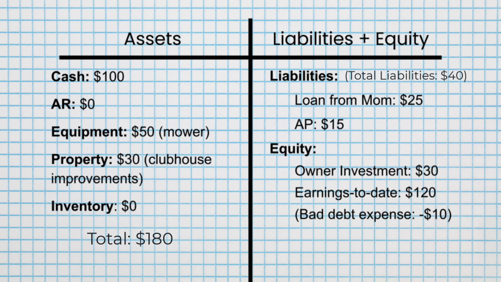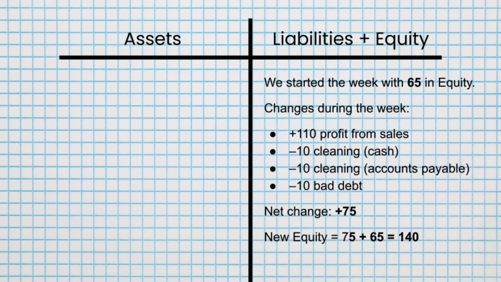With equity, we started the week with $65 in equity, and changes during the week, we saw $110 profit from sales, minus $10 in cleaning expenses, minus another $15 in cleaning supply expenses, which are in the form of accounts payable, minus $10 in bad debt.